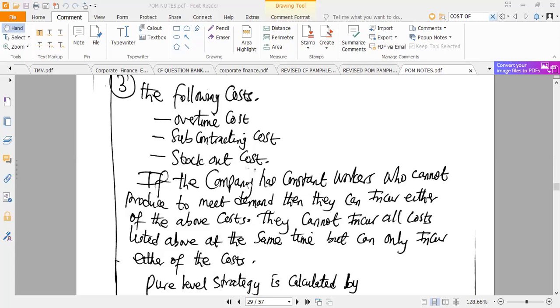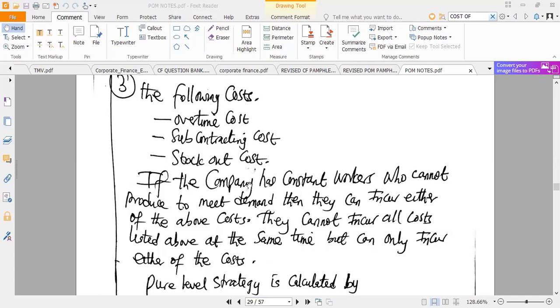If company policy does not allow overtime, you can subcontract, or the company will be honest enough to say we are not able to meet your demand because our 20 workers have already knocked off, and as we don't subcontract, they don't have stock, so they will incur the stock out cost. That is option 3.